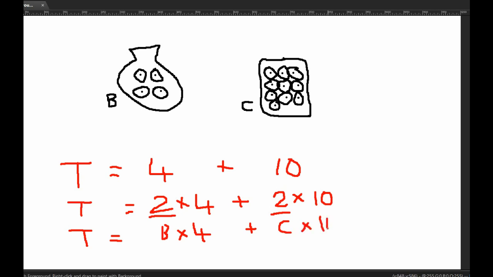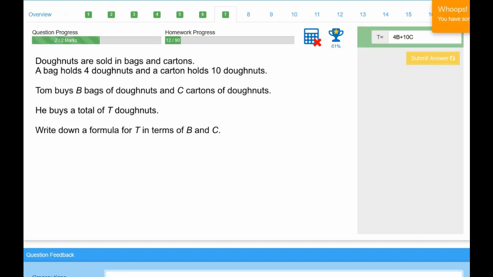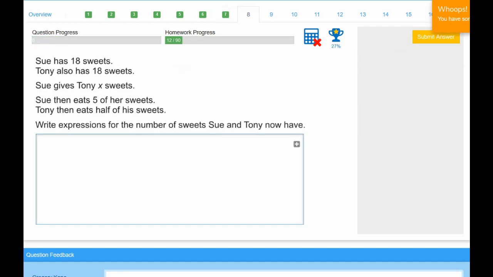But I don't write it as C times 10. B times 4 I write as 4B. And C times 10 I write as 10C, like this. So I notice that the T equals is already there. So submit my answer. And 4B plus 10C, that's what we're after.